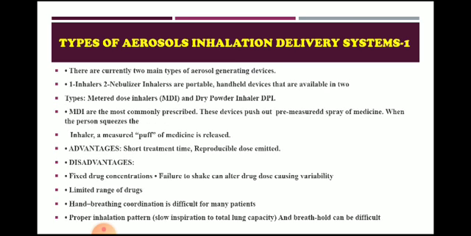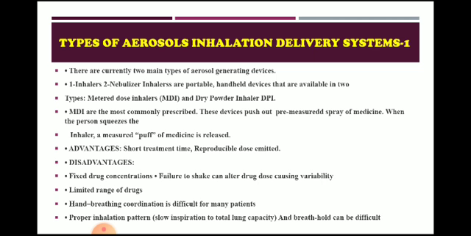The types of aerosol inhalation delivery system are mainly two. The first one we call inhalation with the help of an inhaler. Second, nebulizer. Inhalers are portable handheld devices. These are of two types.